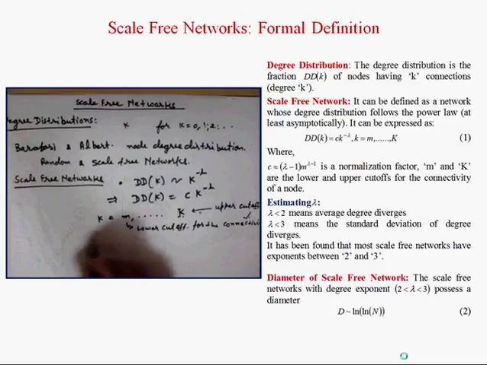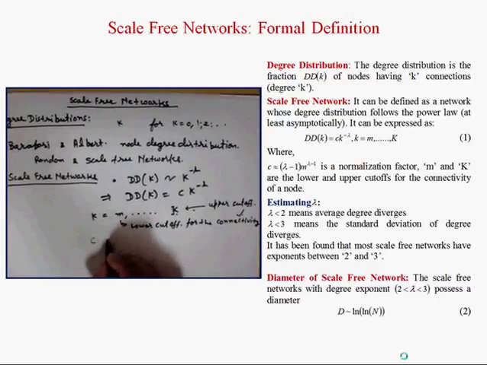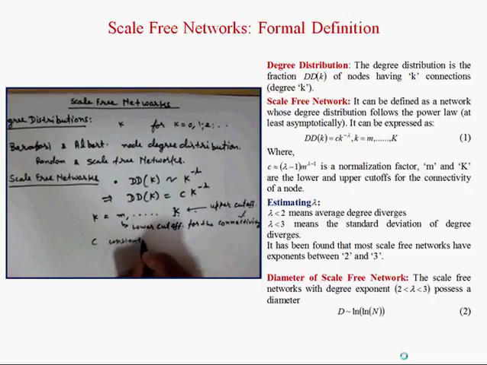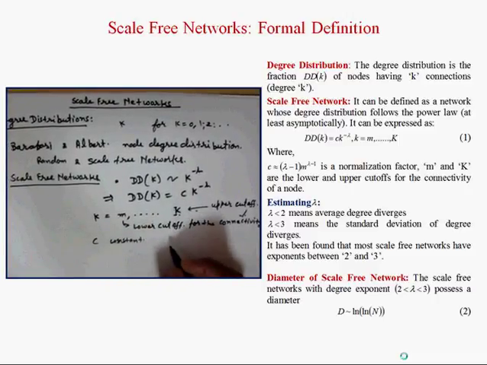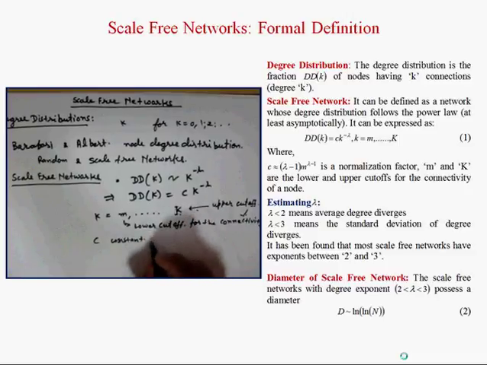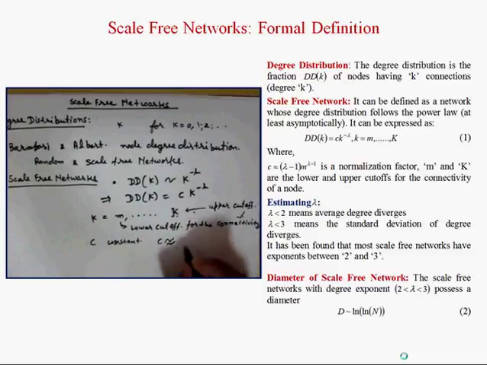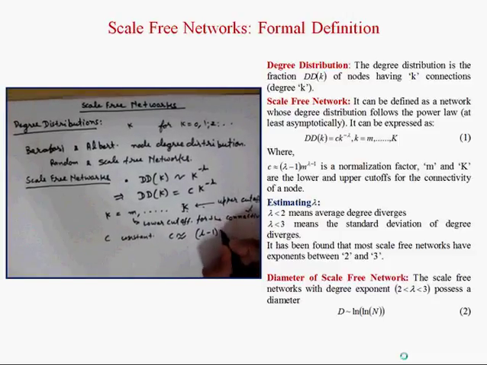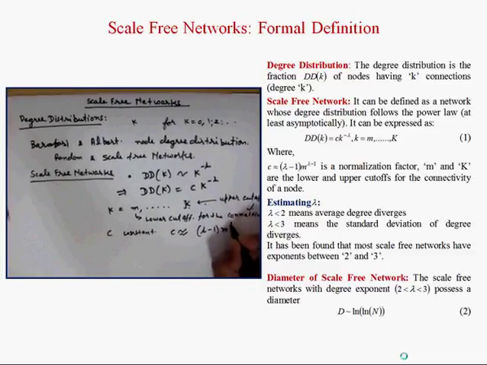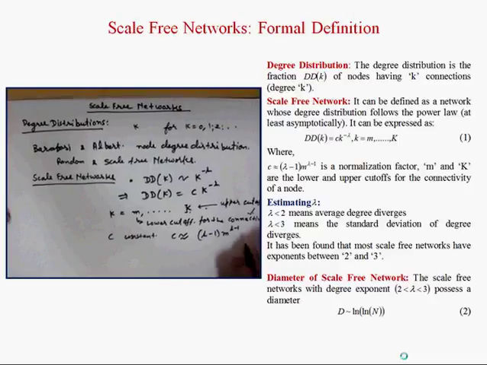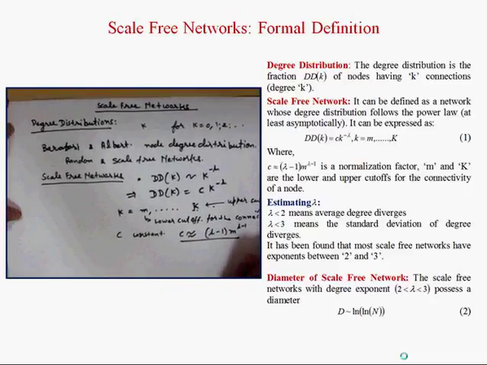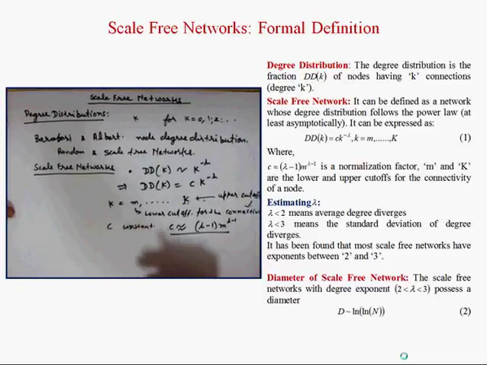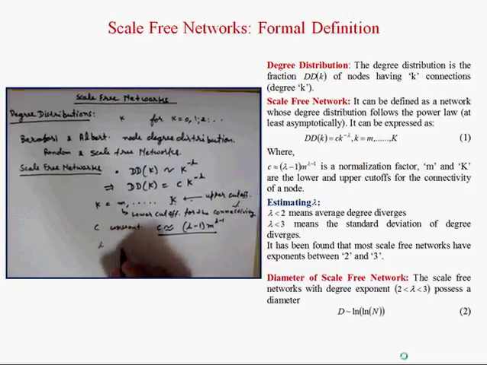C is a constant and it can be estimated as shown. It is also known as the normalization factor. It has been found that in most of the scale-free networks, the exponent lambda lies between 2 and 3.